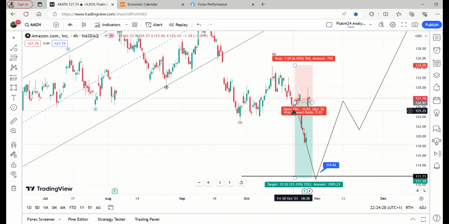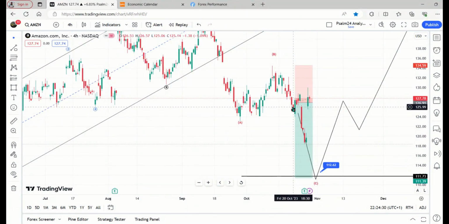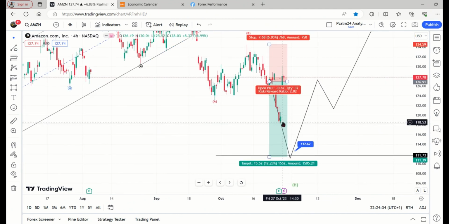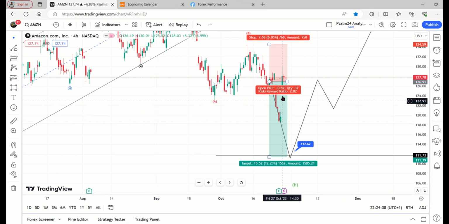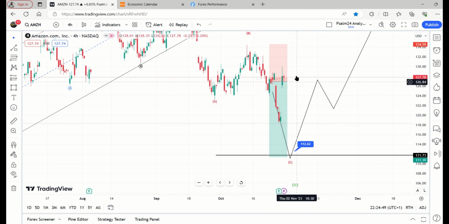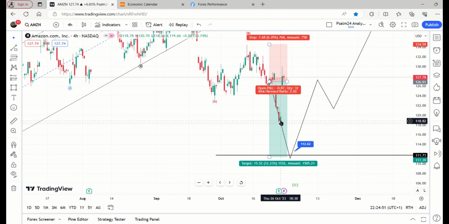The market was here when we said it was going to drop. What happened was the market dropped in wave C, and then we saw a gap on Friday. I think this is in response to the US attack in Syria, hitting two military facilities in Syria, and that was the reason for this jump, this gap.